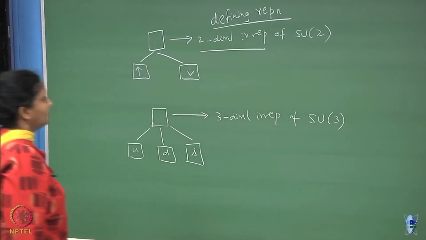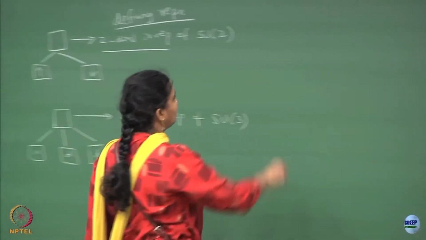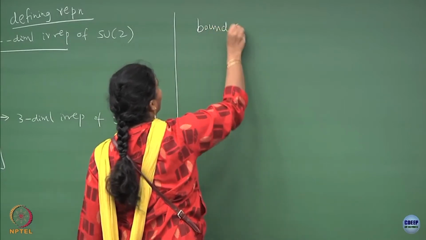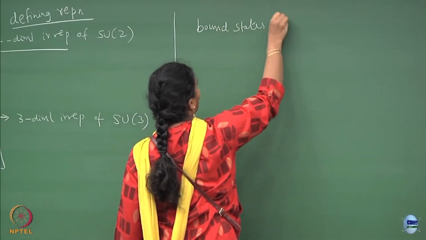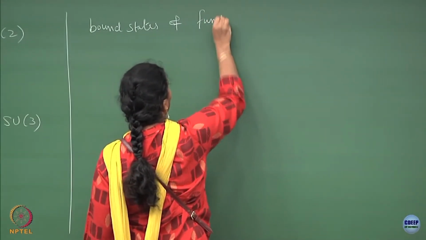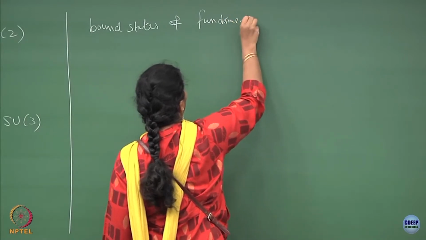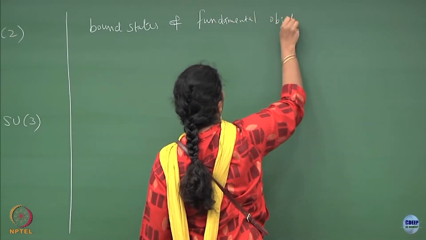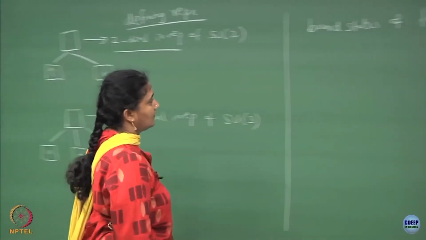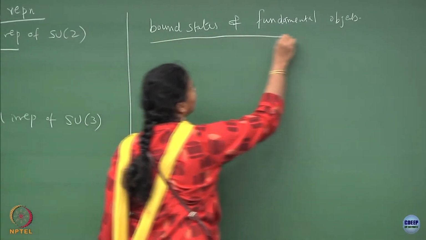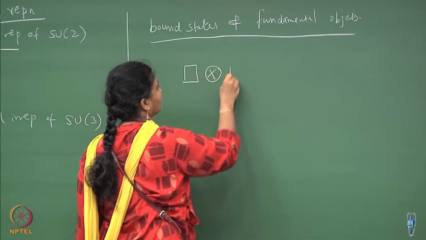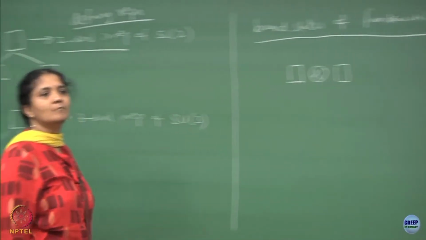Okay. So, the next thing we can do is start doing bound states of fundamental objects. What do I mean by bound states? You start taking a tensor product of the defining representation.